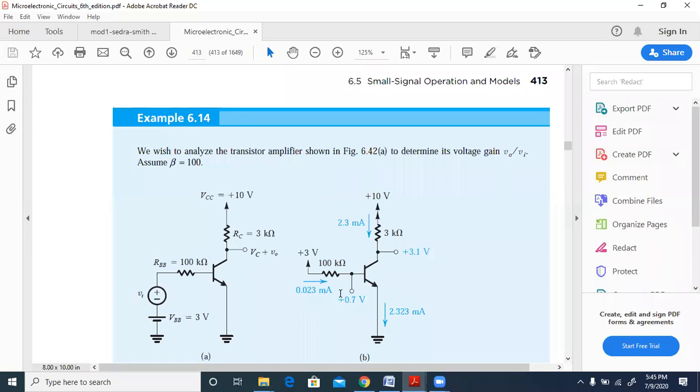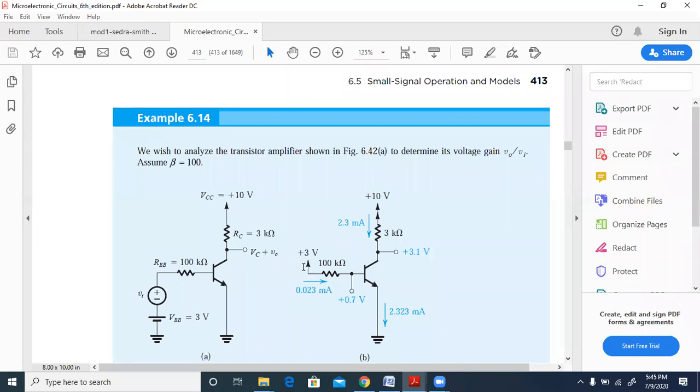So when this is 0.7 and this is 3 volts, the current through this is 3 minus 0.7 divided by 100 kilo ohms. 3 minus 0.7 by 100 kilo ohms is this capital value of IB. Potential difference divided by the resistance will give us the current flow. So capital IB will be equal to 3 minus 0.7 by 100 kilo ohms, and that will give us 0.023 milliamperes.